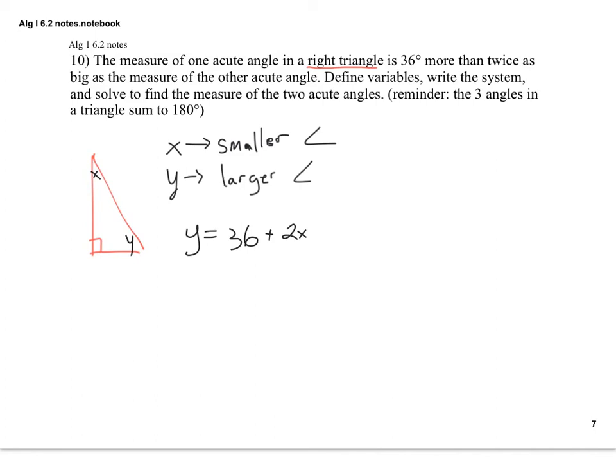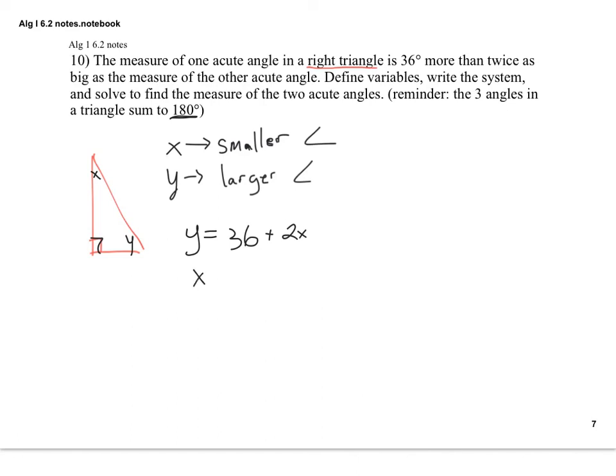The other clue that I know is since I have a right triangle, and since this is my 90 degrees, and since the total of my 2 angles along with the 90 degrees adds up to 180 degrees for all of the angles, I know that x and y added together are going to be equal to 90 degrees.